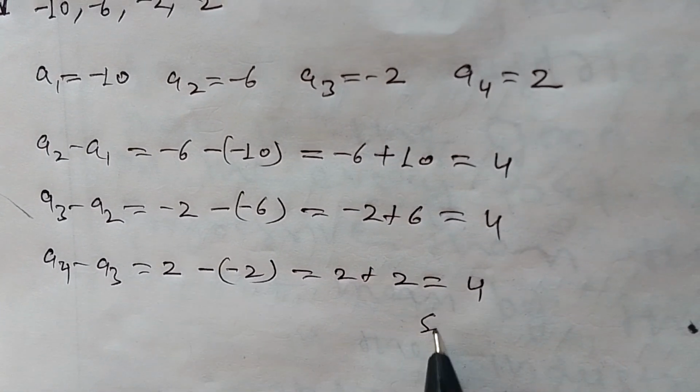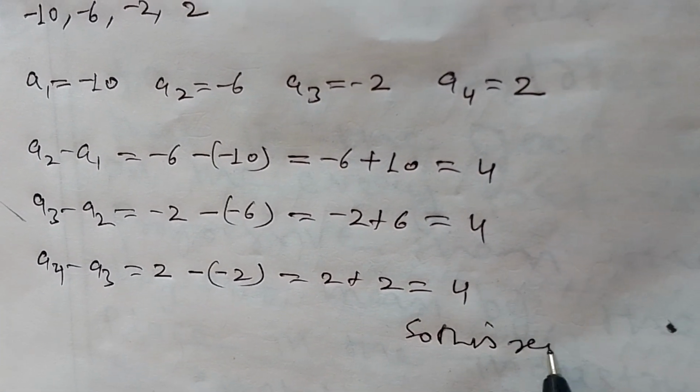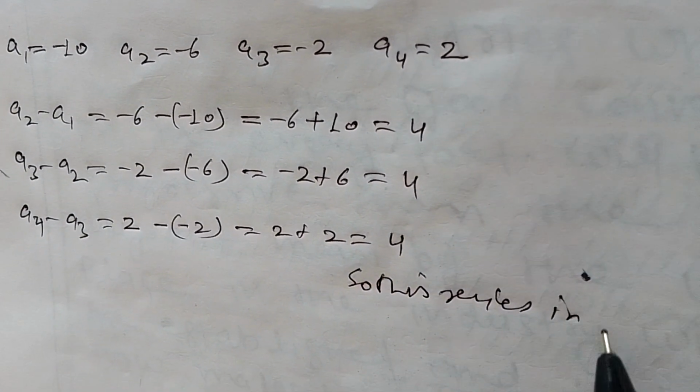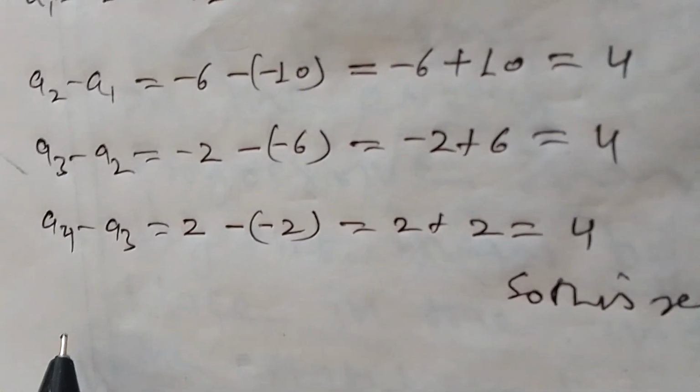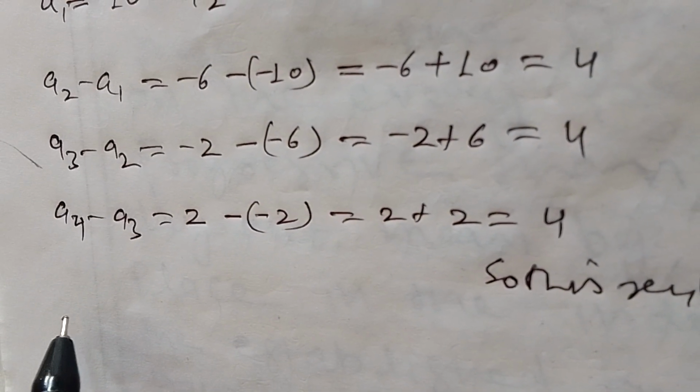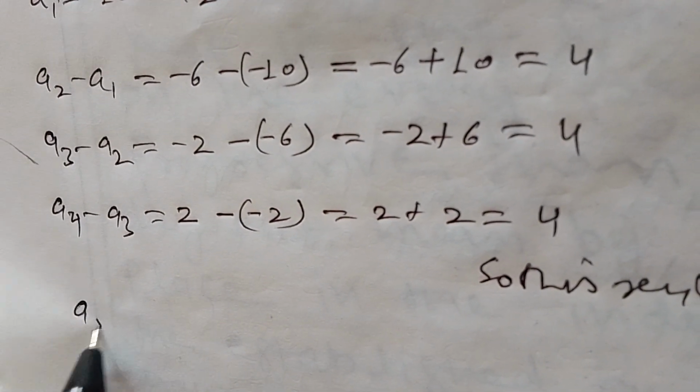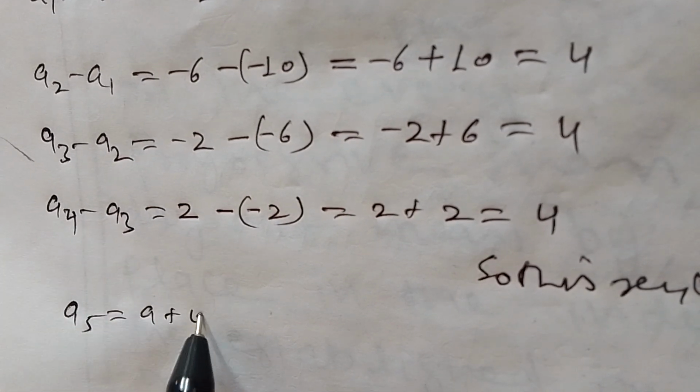So this series is in AP. Now we will calculate the next three terms of this arithmetic progression. A5, that is A plus 4D.